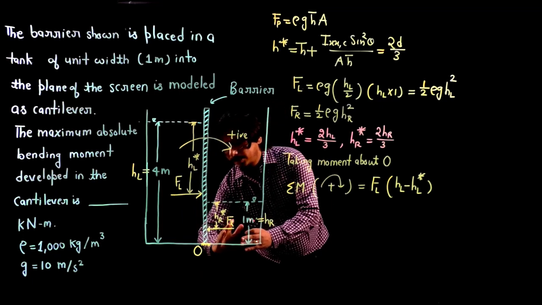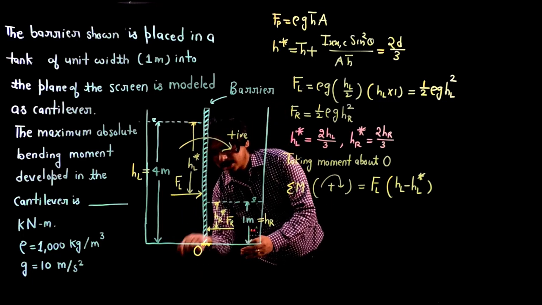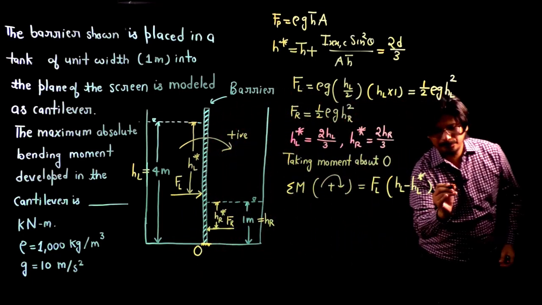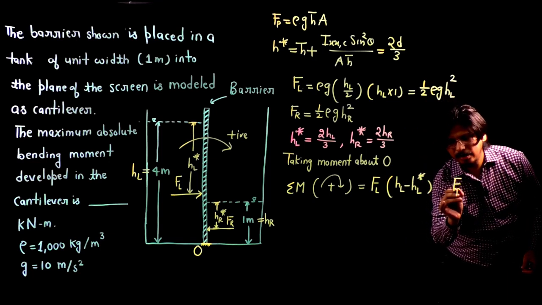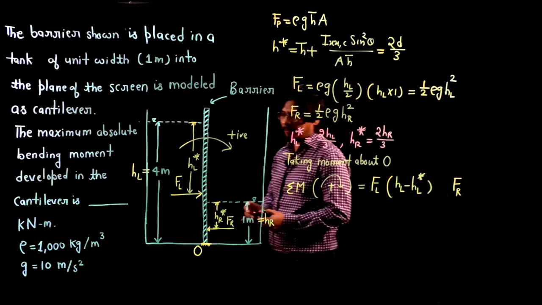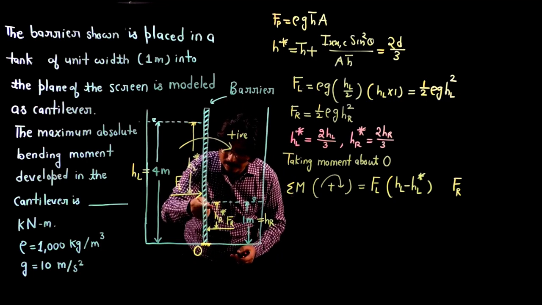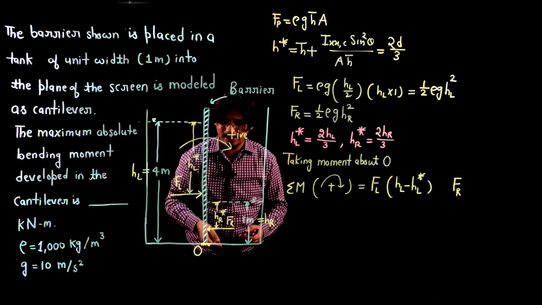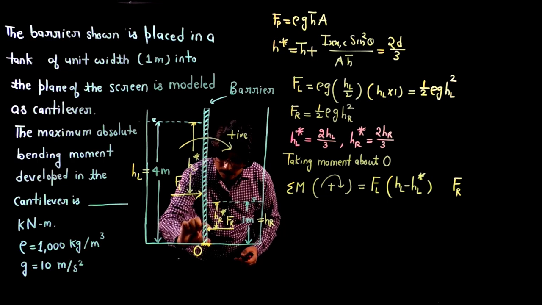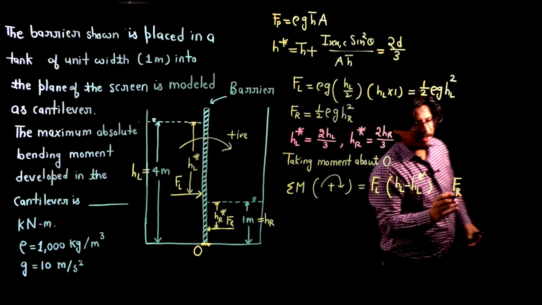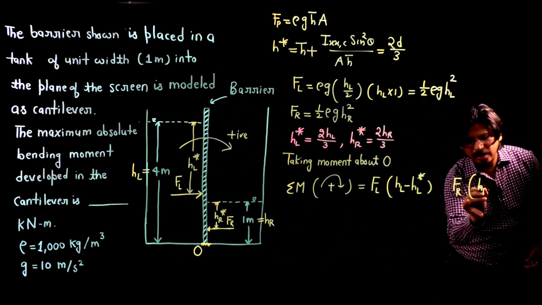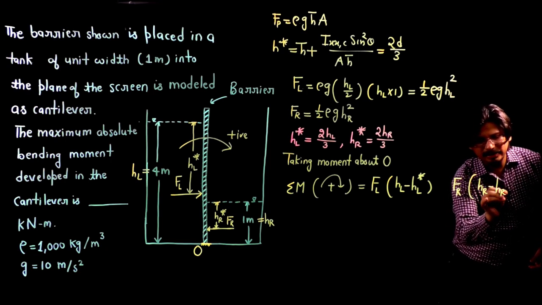Now let us see what will be the moment applied by this force FR. It will be FR into the perpendicular distance. What will be the perpendicular distance, my friend? This total distance is HR, this is HR star. So this perpendicular distance will be HR minus HR star.